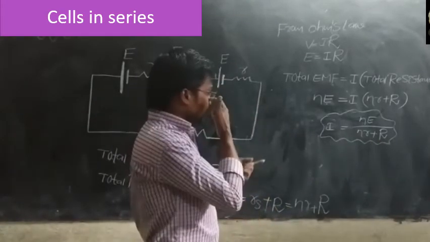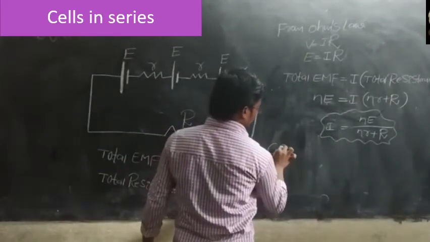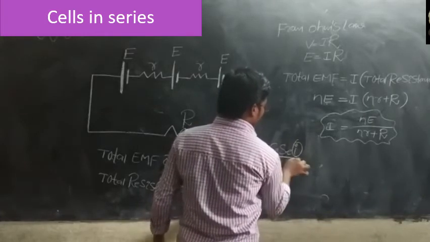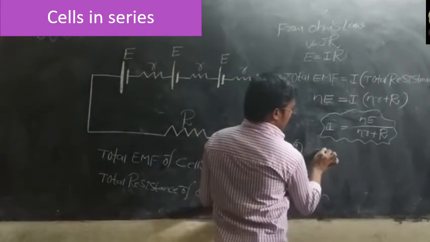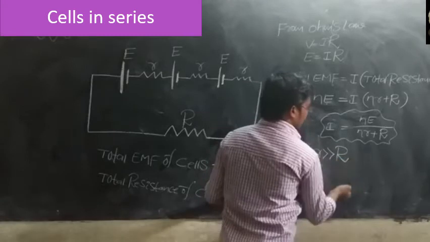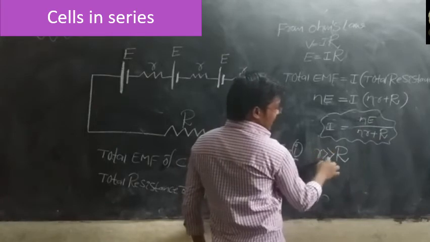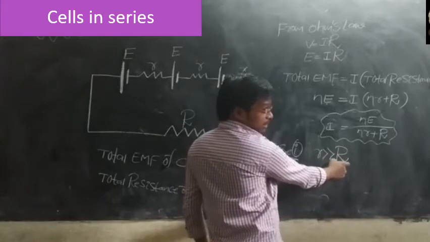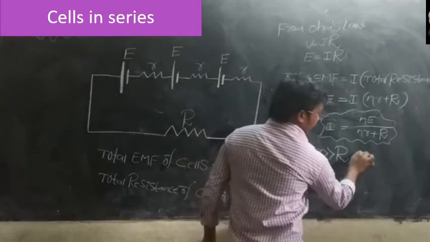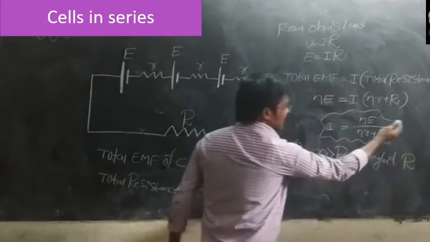Now here I can write two cases. Please see. Case 1: I am considering small r is greater than capital R. Small r is very much greater than capital R, so I can neglect capital R. Capital R neglected, what is the remaining?